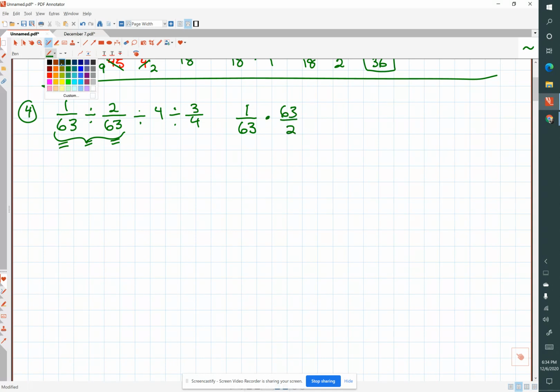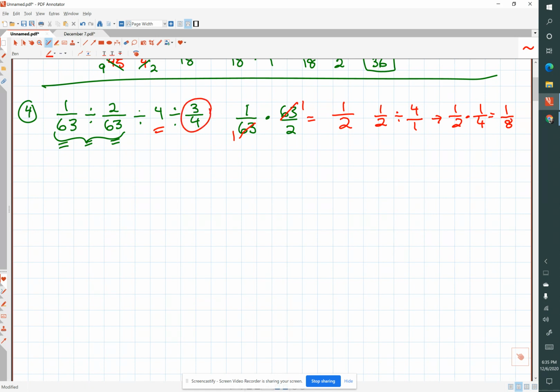I hope you see this excellent opportunity we have to simplify. 63 divided by 63 is 1. Multiplying across, the answer is simply 1/2. Now we have to divide by 4. So it will be 1/2 divided by 4 over 1, which we rewrite as 1/2 times 1/4, which would equal 1/8.